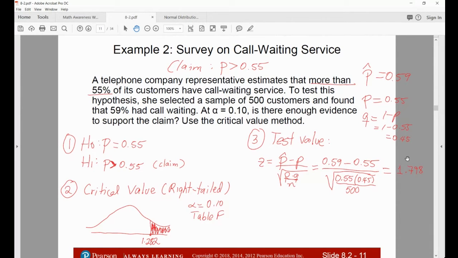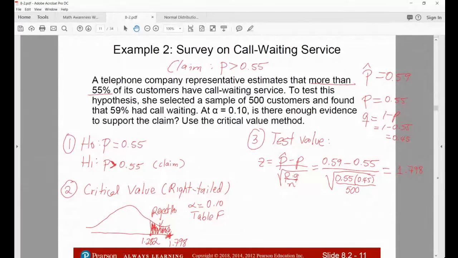So where does this test value fall? In the rejection region or in the non-rejection region? In the rejection region. In this right tail test, the rejection region is the area to the right of the critical value. So the area to the right of 1.282. So 1.798 is greater than 1.282.